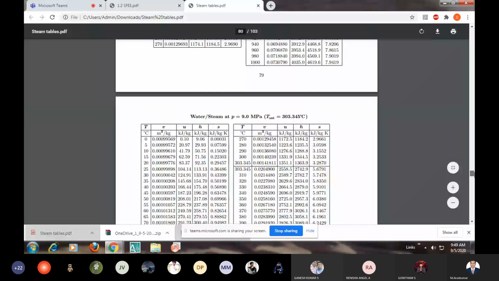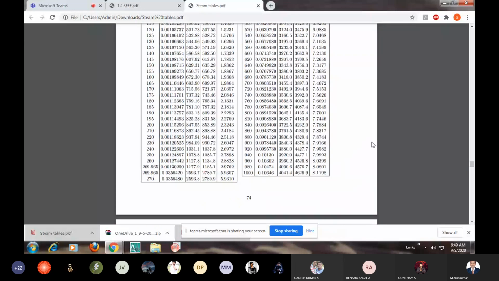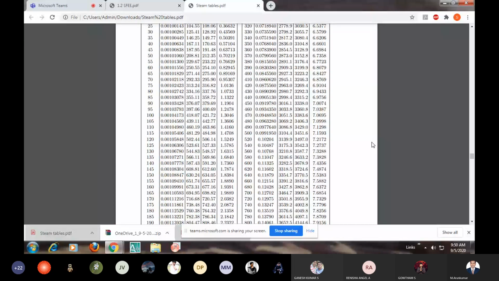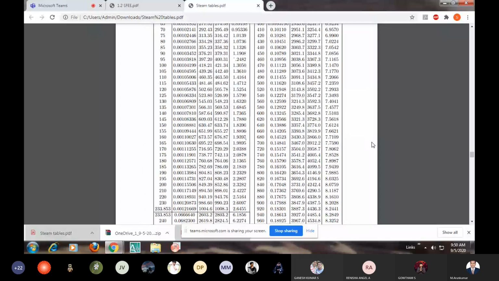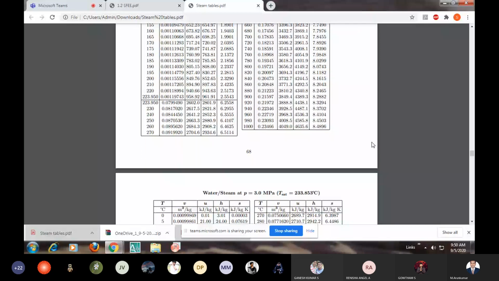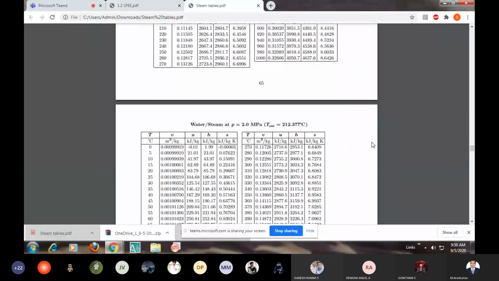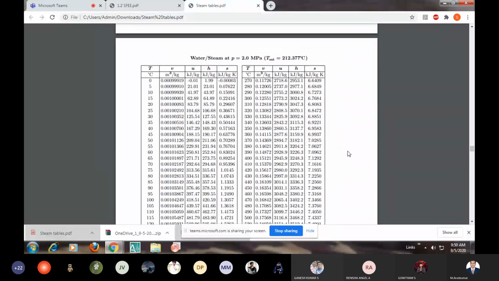That is at pressure 0.2 megapascal, 2.5 megapascal, 2.2 megapascal, 2.8, then here 2 megapascal. And take the values, this one, 25 degrees Celsius.